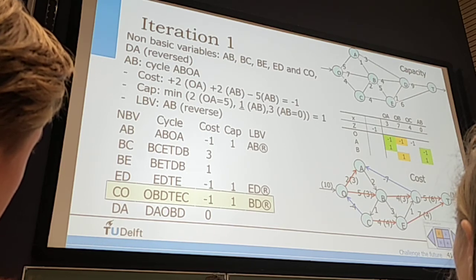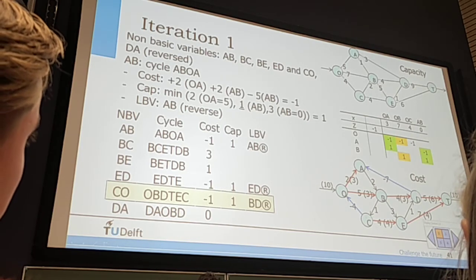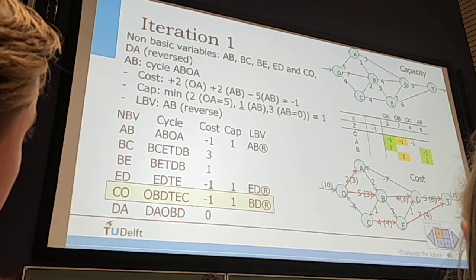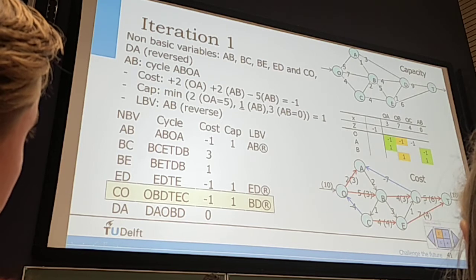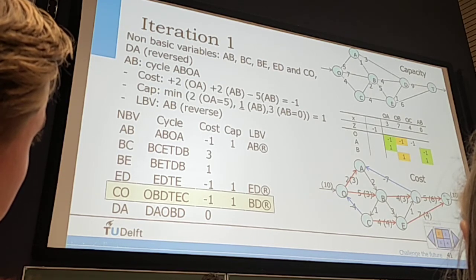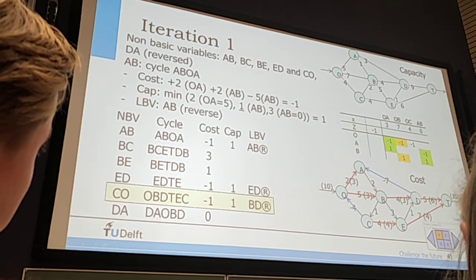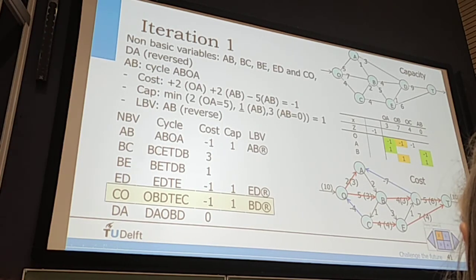Same for BC. If we create BC, we'd create a flow throughout this entire network. So we get a flow BC, E, T, D, B. We'd redirect the flow from here to around here. That means we reduce it by 4 at 5 minus 9, and then we would do plus 12.